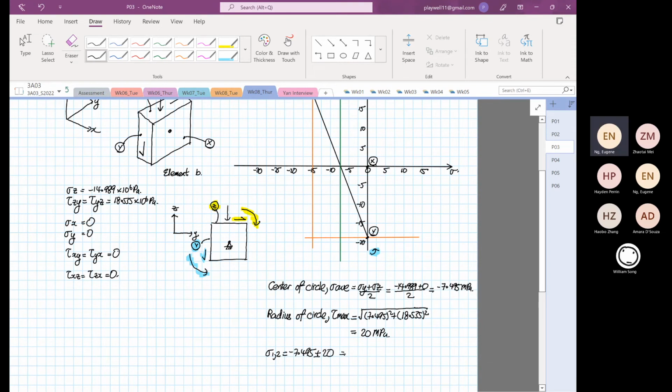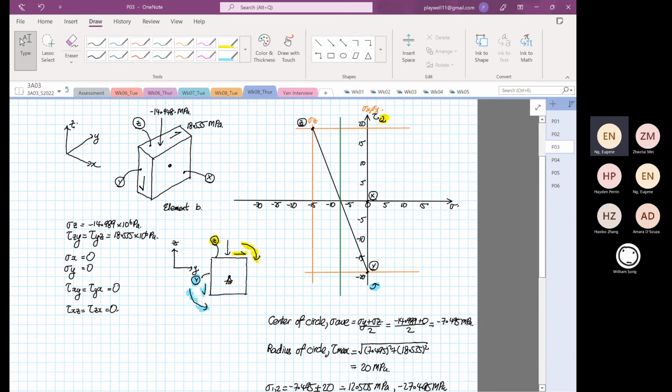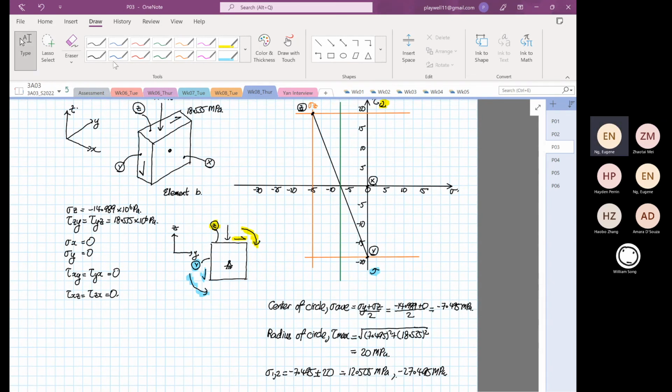So minus 7.495 plus 20 is 12.5, or minus 7.495 minus 20 is minus 27.495 megapascal. Okay, so now we can construct our Mohr circle.